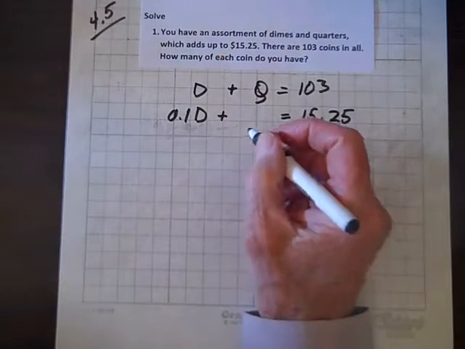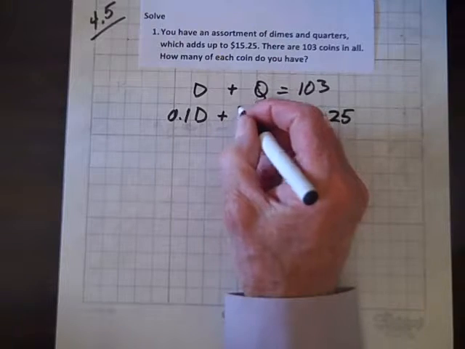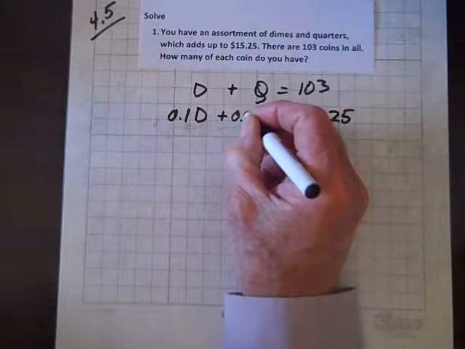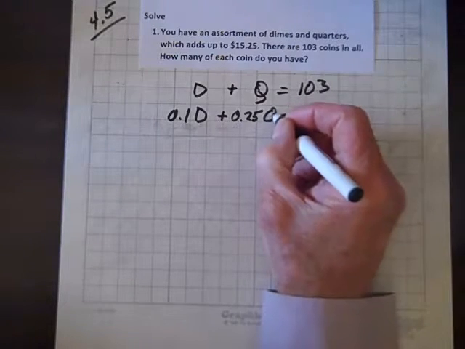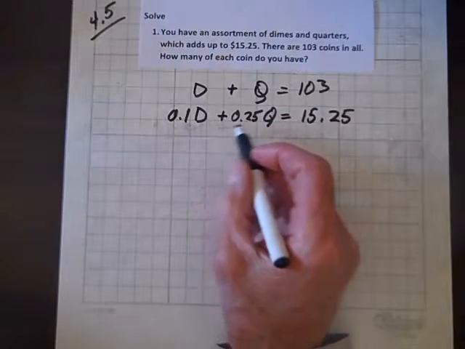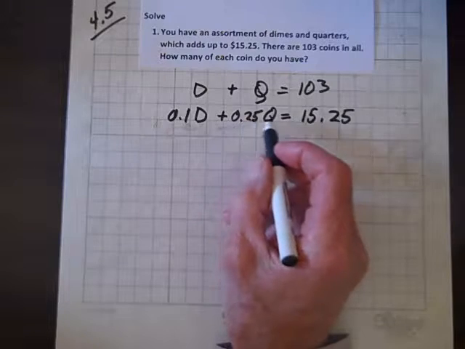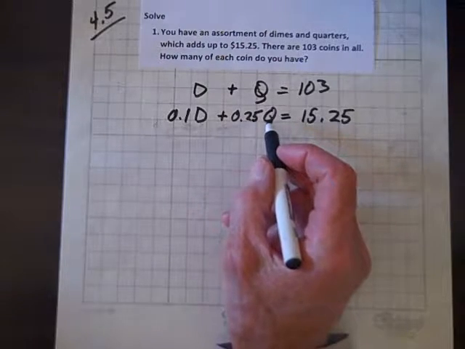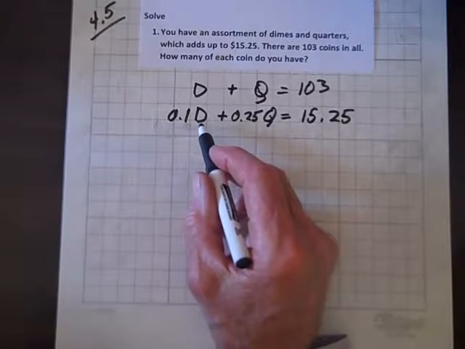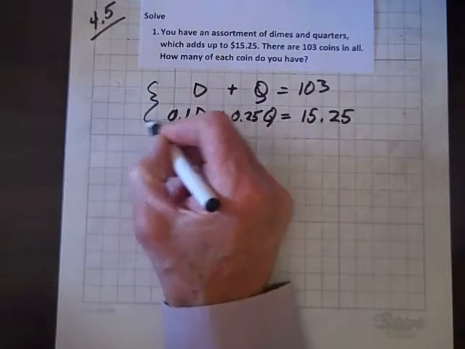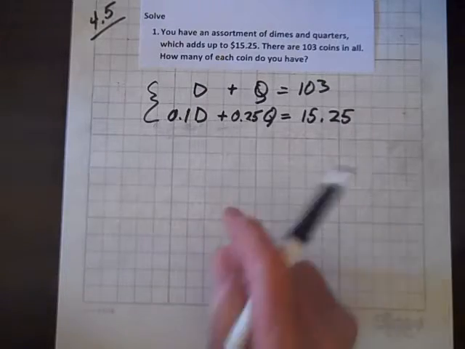Plus, and what's a quarter worth? Well, it's 25% of a dollar, or $0.25, and that's times Q. 25 cents times the number of quarters is the total value of the number of quarters. 10 cents times the number of dimes is the total value of the number of dimes. So there's our system.